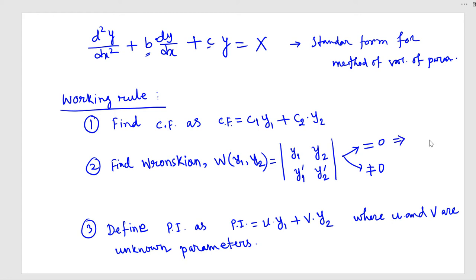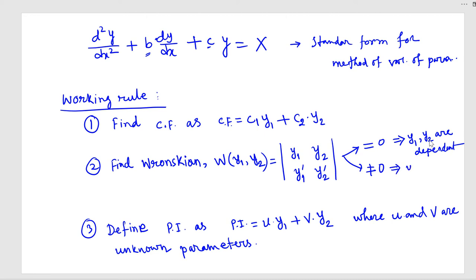If it is 0, then y1 and y2 are dependent functions. Remember the linear dependence of vectors? There we have seen the linear combination and then all the coefficients are 0. But here we will use the Wronskian to verify whether given two functions are independent or not.